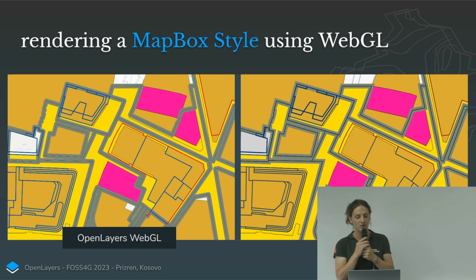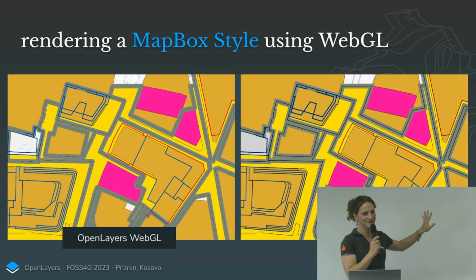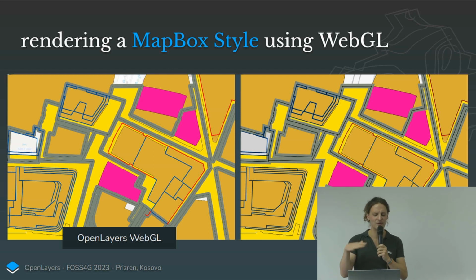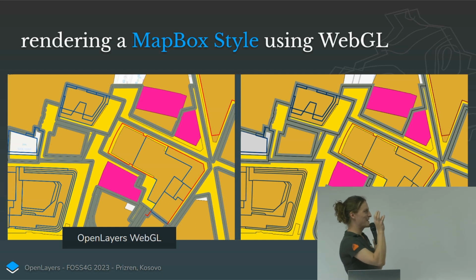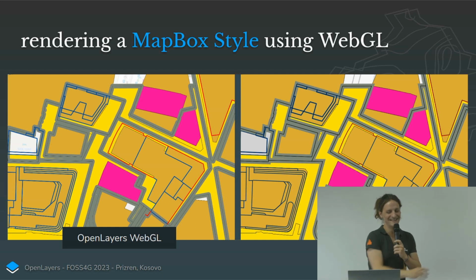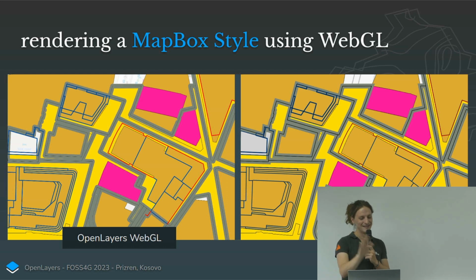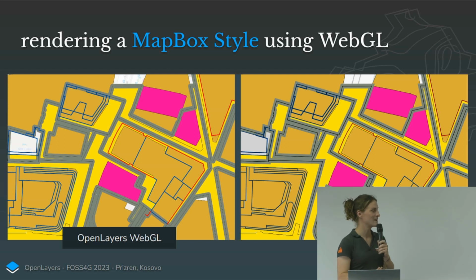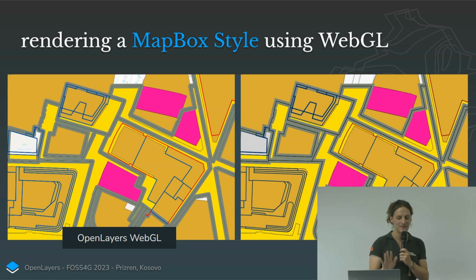Right, so you can see here a comparison. To do this comparison, I used a very simple Mapbox style, actually. It's provided by Hamburg. It's kind of like cadastre data, sort of. And I took a place where it was really favorable, I have to say. But you can see here on the left is the current version of the OpenLayers WebGL renderers, and on the right is MapLibre. In terms of visual quality, we're getting really close. Performance is not that great with OpenLayers. Like I said, there's still a lot of work on that part.